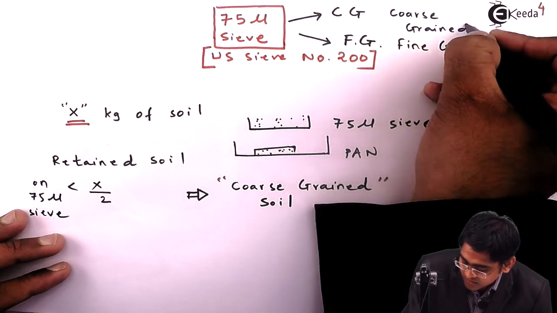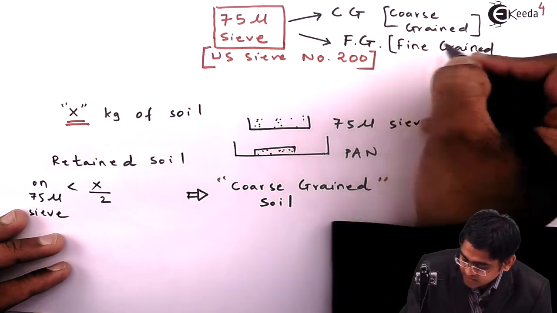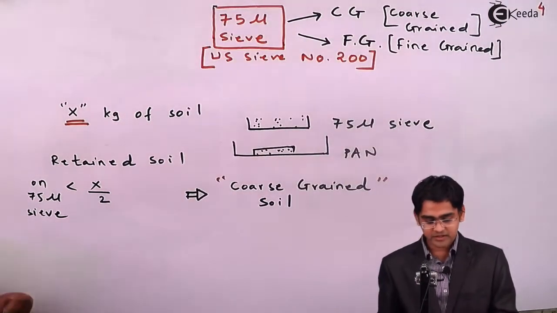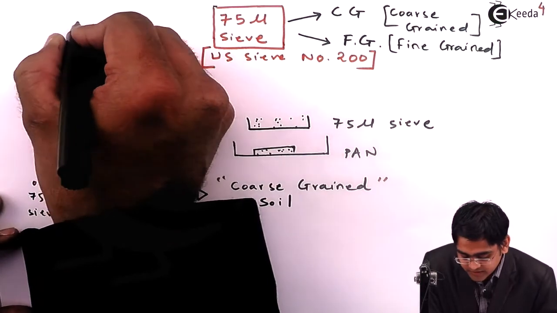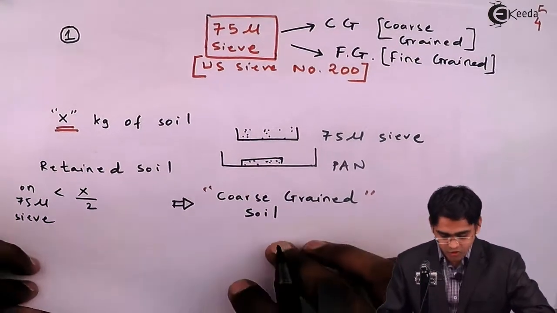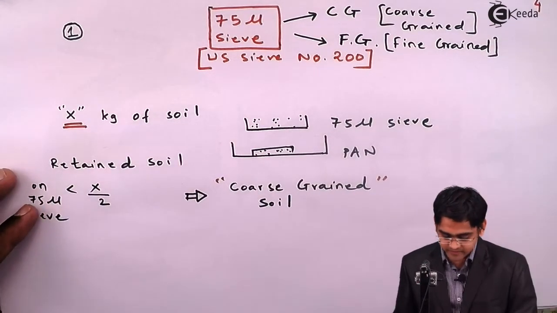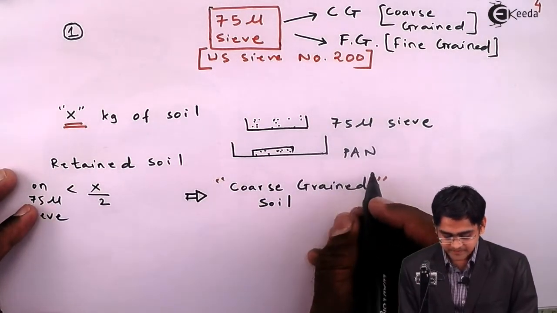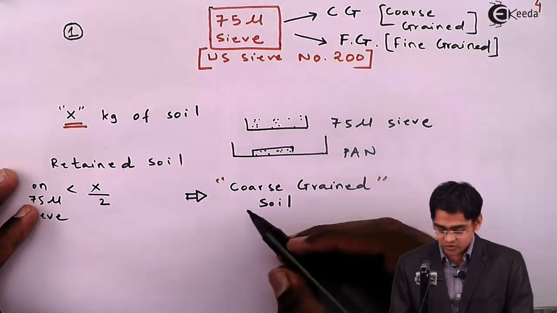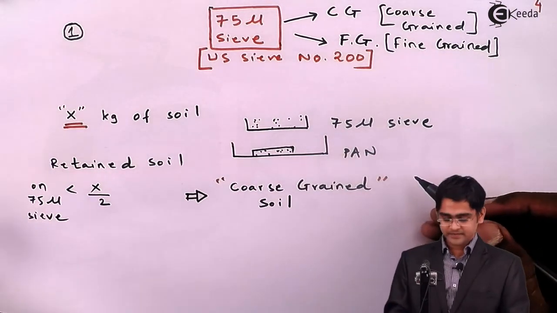I'll write only the short forms CG and FG. With 75 micron, you need to do this first step initially, which is very, very important. Now if this condition is satisfied, that means more than 50% is retained on the 75 micron sieve, then you call the soil coarse-grained.